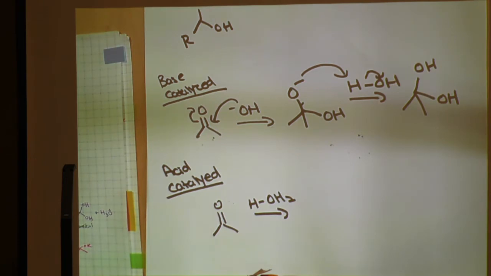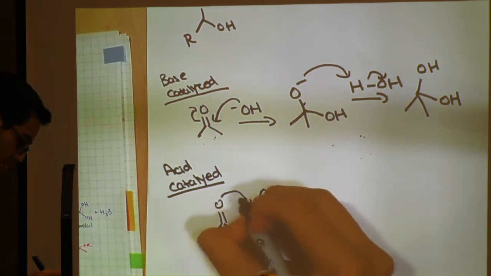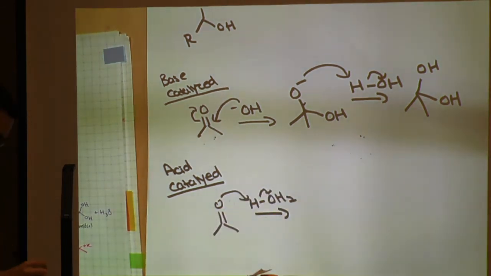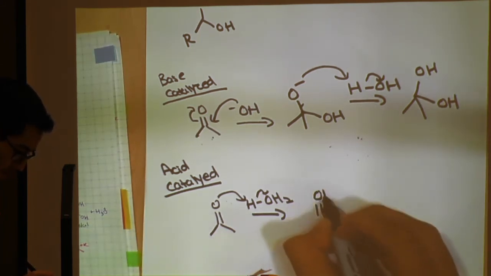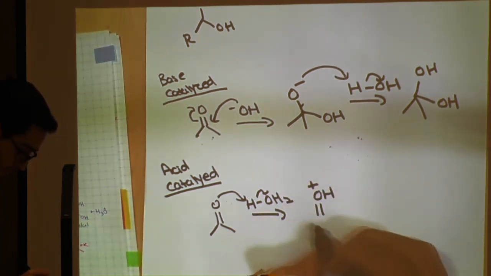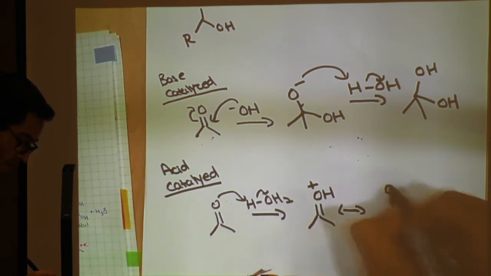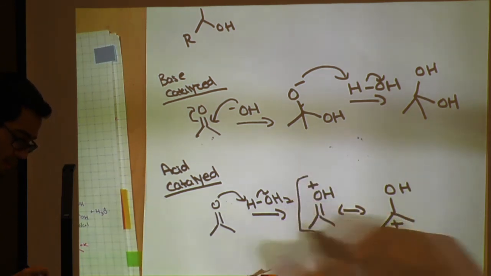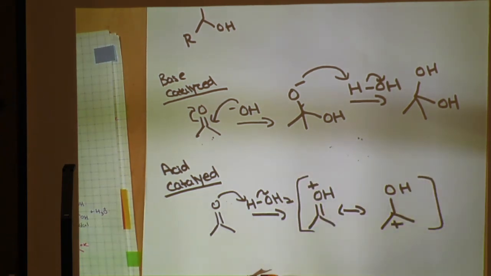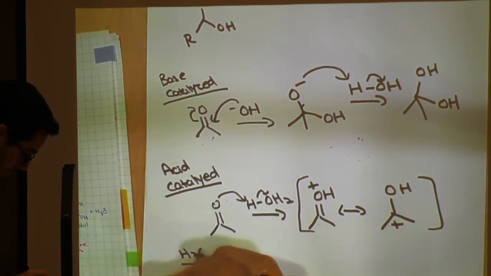So instead of doing resonance, we're going to have to straight protonate. And so when we do this, this creates OH positive here. And we can draw a resonance structure, which is more representative of our situation, where we shift the positive to a carbocation.